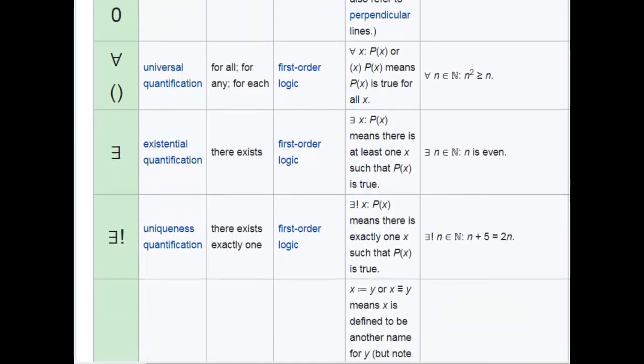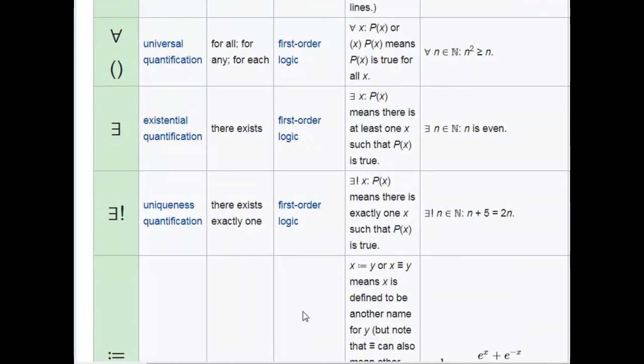The next symbol, it is uniqueness quantification, or there exists exactly one. This symbol, there exists exactly one. For example, here the explanation, there exists exactly one x such that P(x). It means there is exactly one x such that P(x) is true.